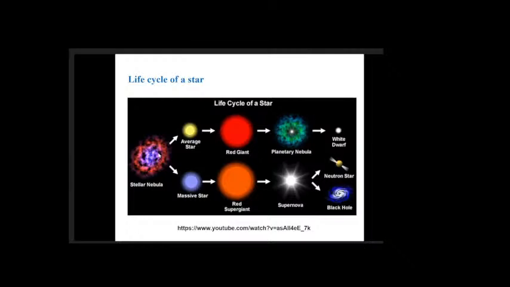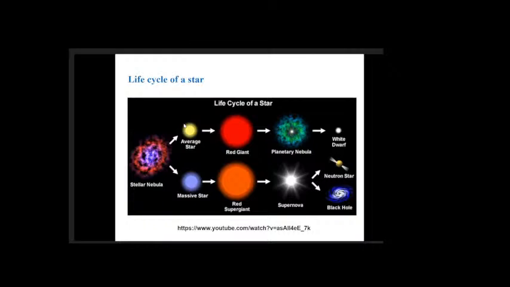So there are two forces, one is gravity and one is radiation pressure, which is outward. They are opposite in nature, and these two forces try to balance each other, and it becomes a stable object, which we call a star. And that particular phase, when hydrogen is burning, is called the main sequence star. So this is the star we are aware of.